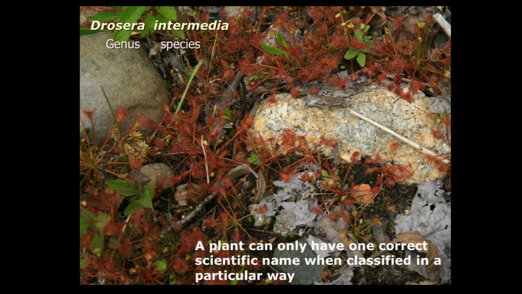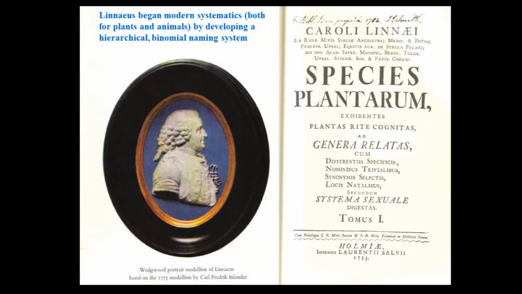So what that basically means is if your classification changes, the name may also change. So keep that in mind. When people tell you that scientific names are stable because every plant can have only one correct one, that's true for any particular classification.